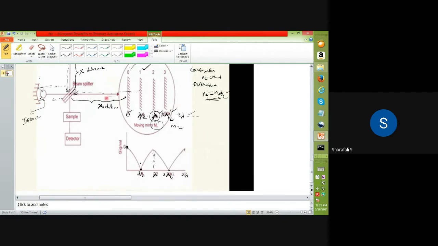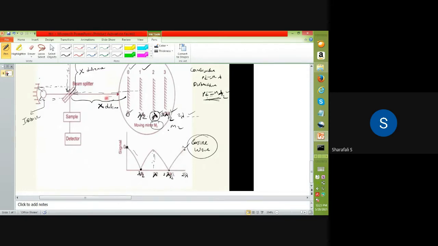Each time this interference happens, so this will form a cosine wave. You can see that the intensity variation is like a cosine function. So with the M2 mirror movement, we have a cosine-like intensity variation.